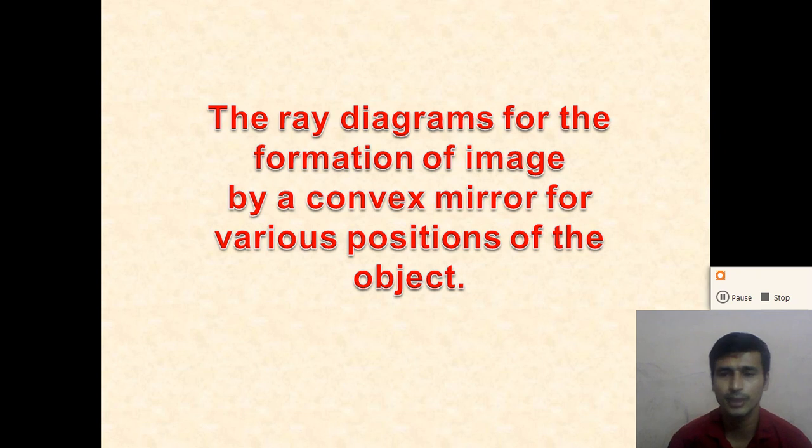So we understand the various ray diagrams. With the help of ray diagrams, we understood the image formation by a concave mirror in the previous video. So first see the previous video, how the image is formed by a concave mirror, and then see this video so you can understand easily, right?